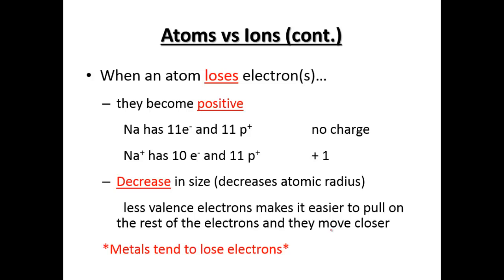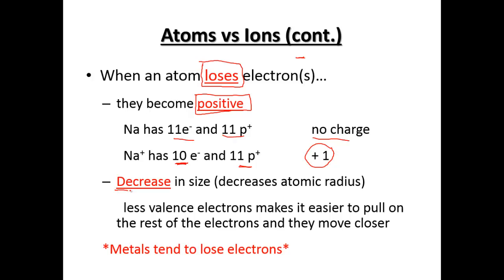Now, what happens to an atom? When an atom loses electrons, since electrons are negative, it becomes positive in charge. For example, sodium has 11 protons and 11 electrons, so there's no charge. If sodium loses an electron, it has 10 negatives to 11 positives, so it becomes a +1.